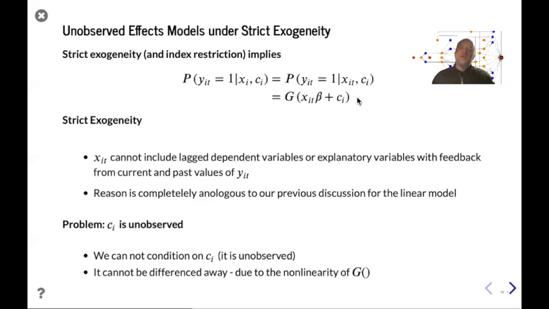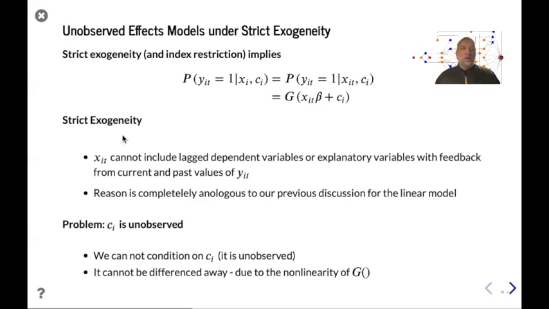In this way, we can motivate the functional form for G as being the CDF of the standard normal through this linear index model. But for now, we're just going to work with the linear index and not worry about that epsilon that's implicitly embedded inside G. Okay, so that's our model.